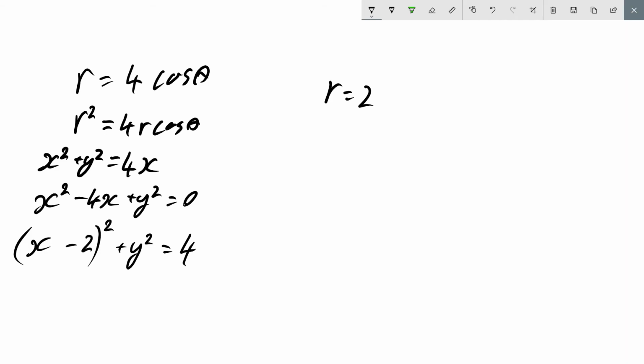The second thing that we've found is the midpoint of our circle. So our midpoint is always the opposite of what's in these brackets here. So we have a negative 2, the opposite is 2. And here you can imagine that we have a minus 0. The opposite of that is just positive 0. And we have found our midpoint.